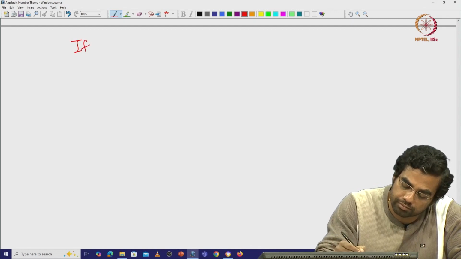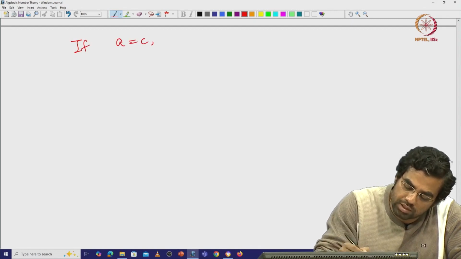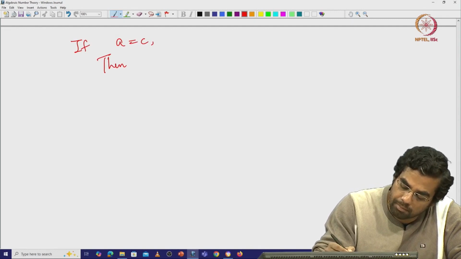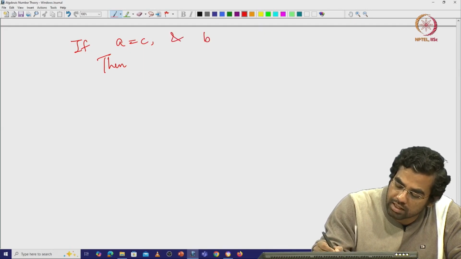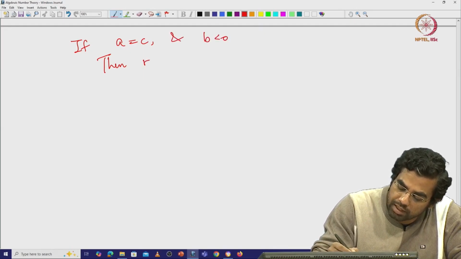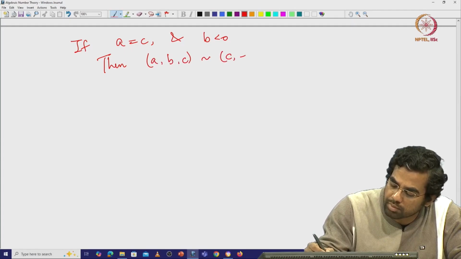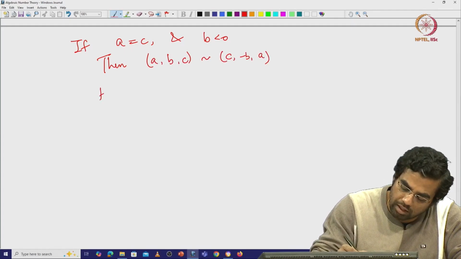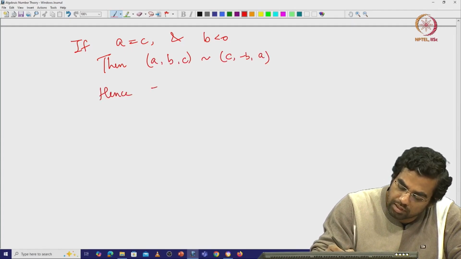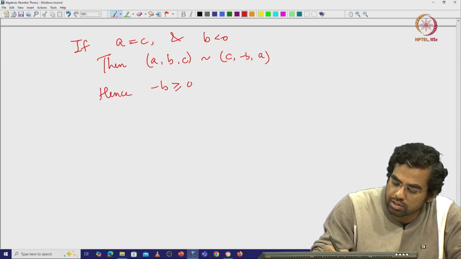So, if a is equal to c, and if b is less than 0, then we know that a b c is equivalent to c minus b and a, hence minus b is bigger than or equal to 0, right.